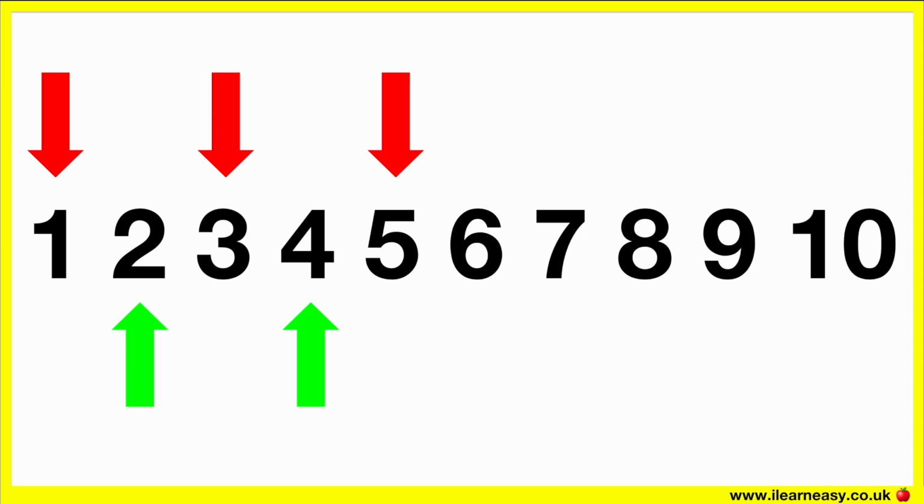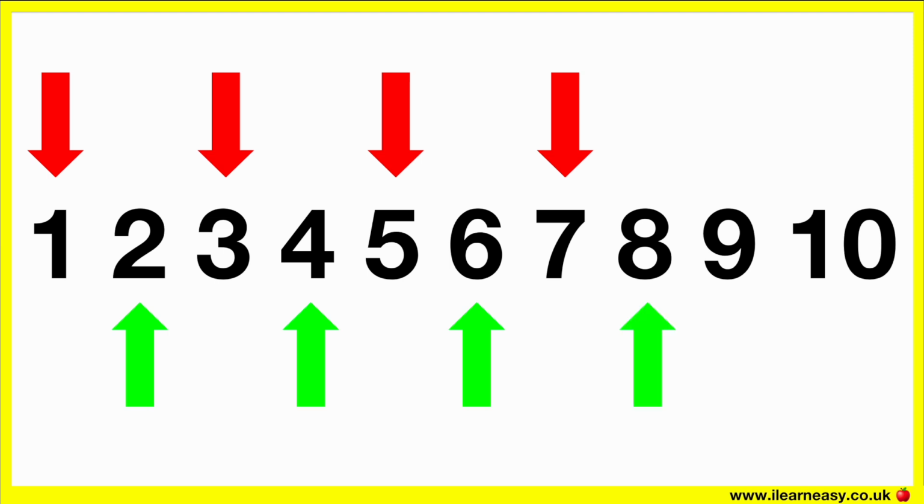Is the number 6 even or odd? The number 6 is even because it can be split into 2 equal parts. Is the number 7 even or odd? The number 7 is odd because it can't be split into 2 equal parts. Is the number 8 even or odd?